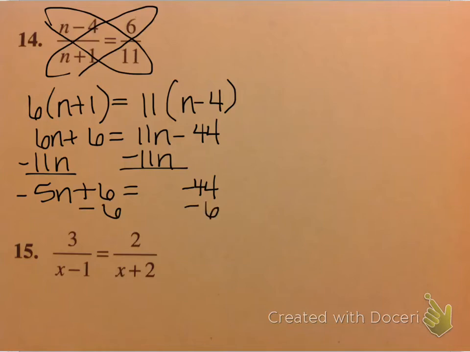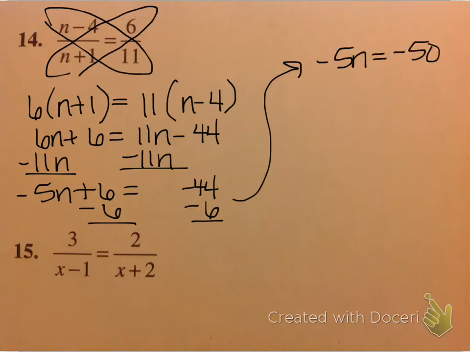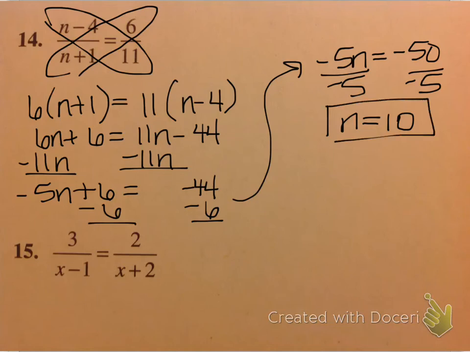Subtract 6 from both sides. It's going to leave me negative 5n equals negative 50. Divide by negative 5. n equals positive 10. And that would be my final answer.